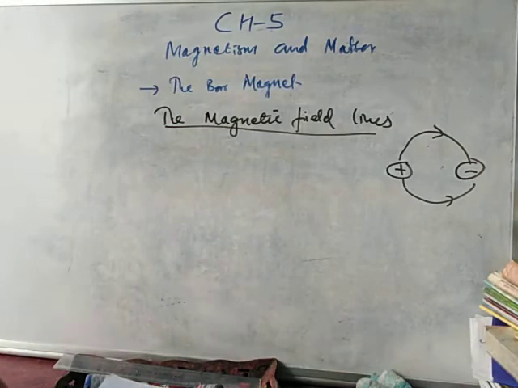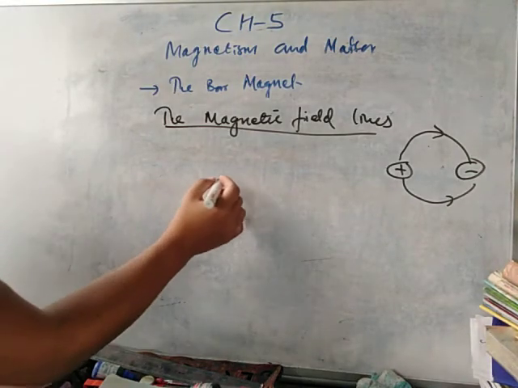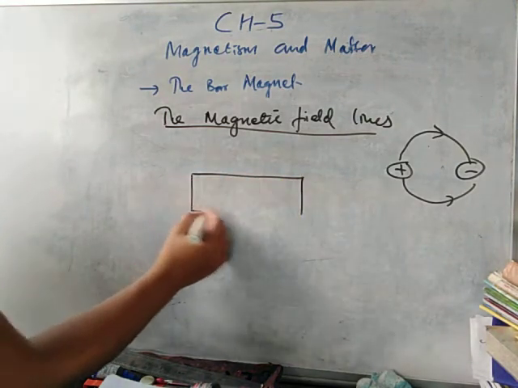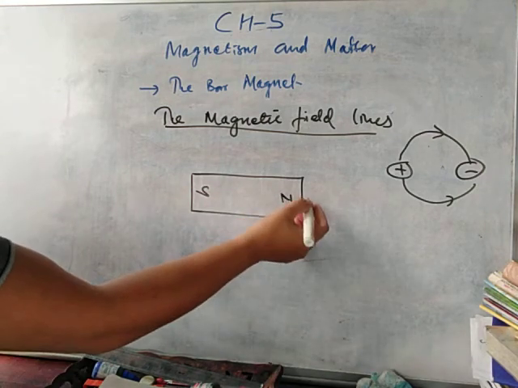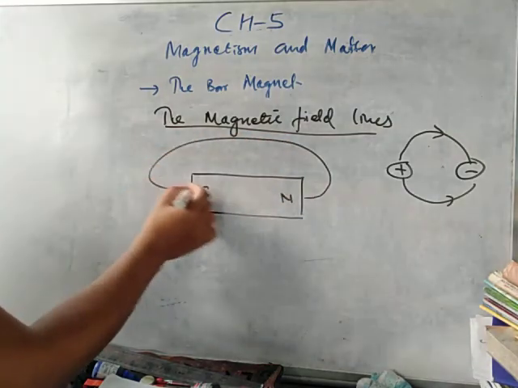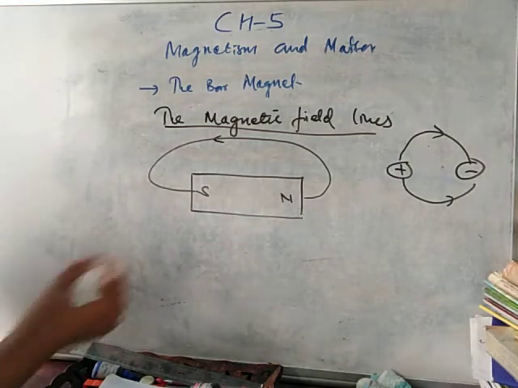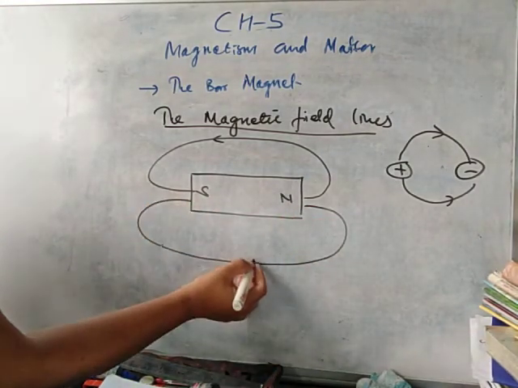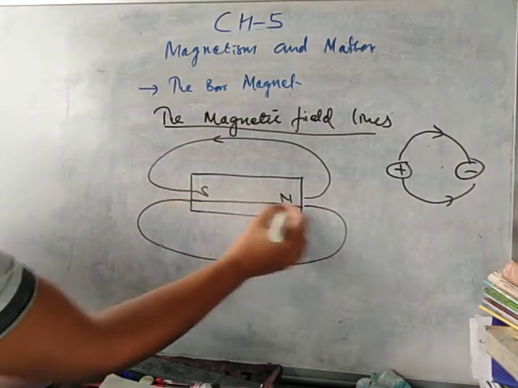Likewise in a magnet, the magnetic field lines start from north and end at south. Clear? Inside the magnet it goes from south to north. Remember this.